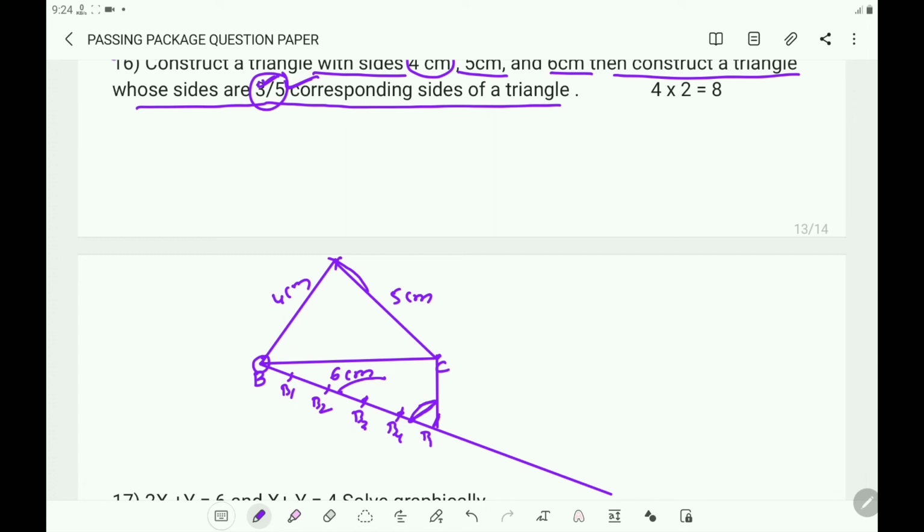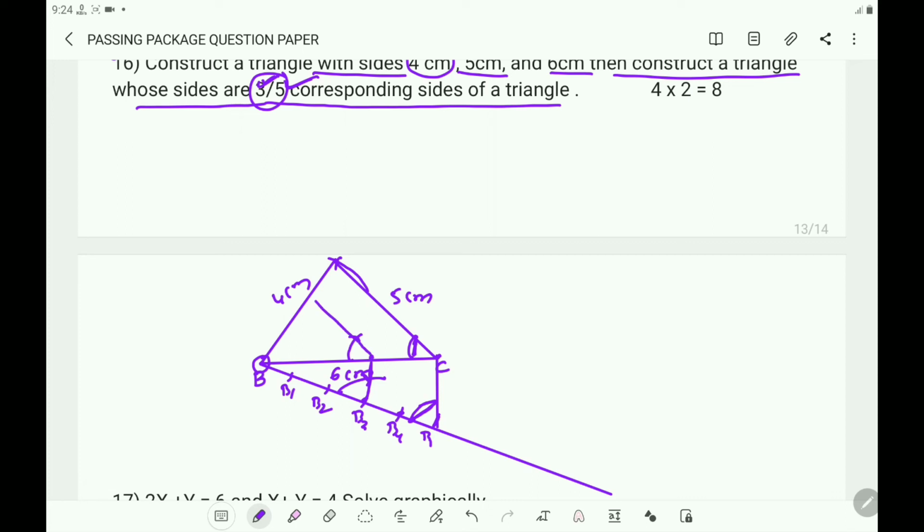Again with the same distance you cut here and you will get a parallel line. At the same time again here you draw the curve at this point, with the same radius also. Then measure the distance here and again cut it. Measure distance means you must use the compass only here.